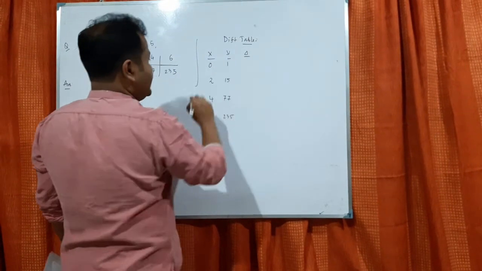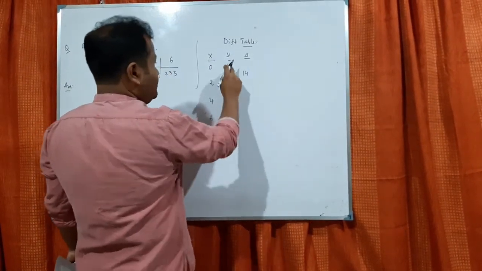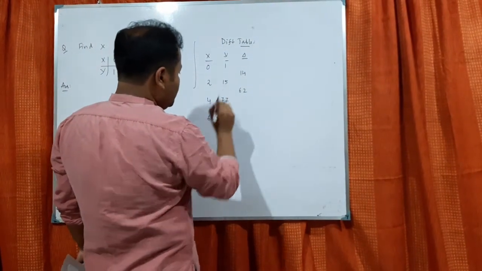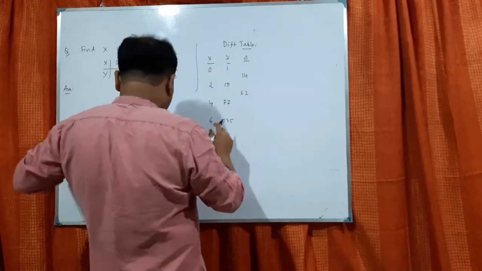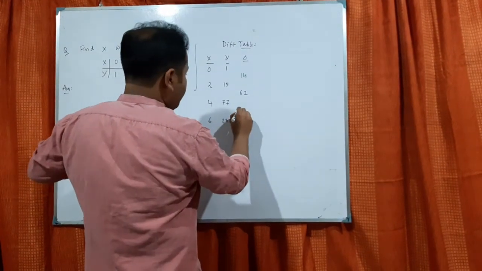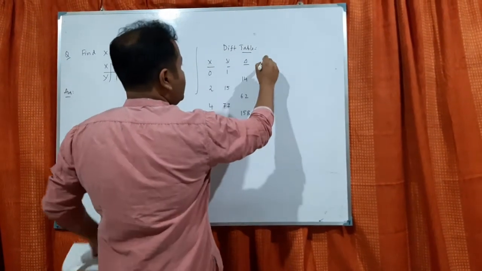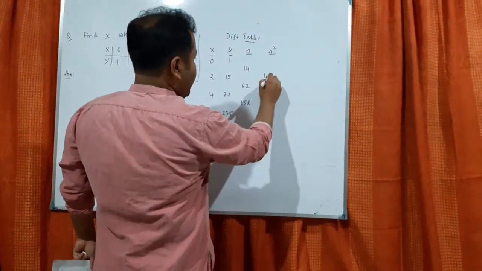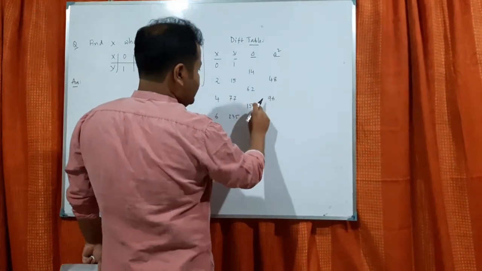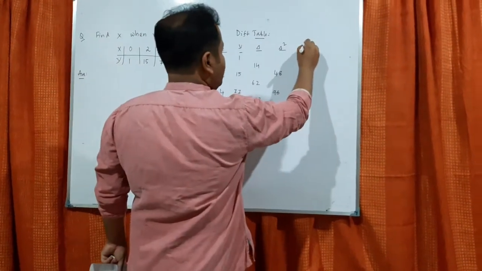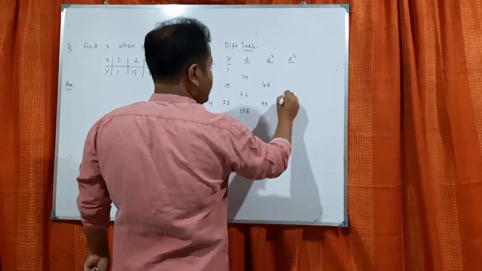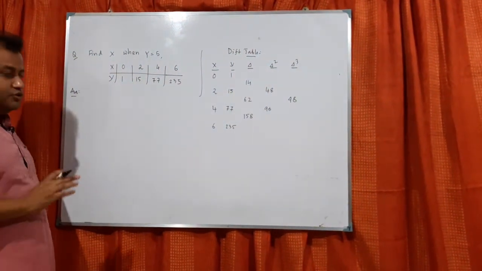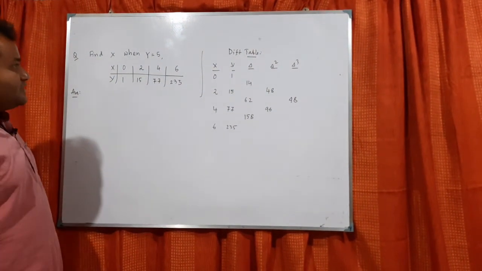First delta will be 14, because 15 minus 1, then 62, and then 158. Then delta square, this minus this, so it should be 48, then 96, and then delta cube, 96 minus 48, so 48. Understand? So you have to find the difference table first.